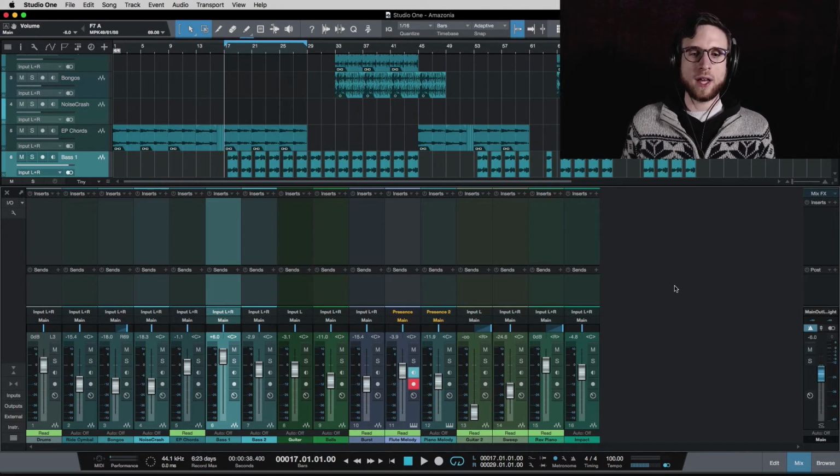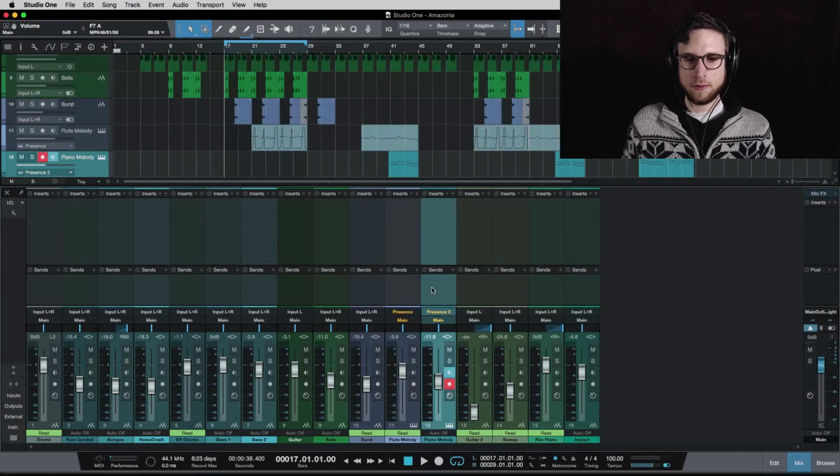So let's give an example of that. I'm going to take the piano. I'll first just undo those things. Let's take the piano. Now you can see the meter is hitting up to around 24 dB. I'm going to boost it up to 0. It's at a minus 11.9 right now, so I'm going to put it to 0. I'm going to take this one and put it at minus 11.9.